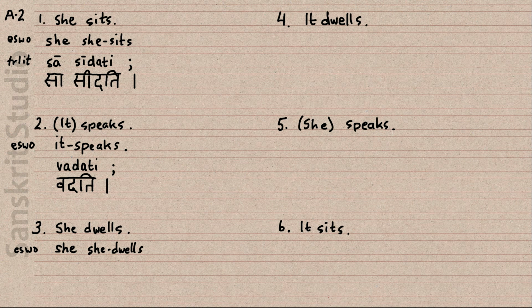And once again here, the implicit subject in the verb is, we know it's she because the pronoun is there, so that's why we put it there like that. Otherwise we wouldn't know. And then we have the transliteration line here, and she is sa, and she dwells is sa vasati.